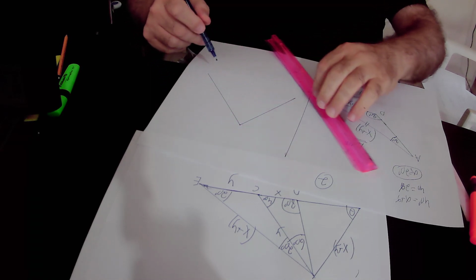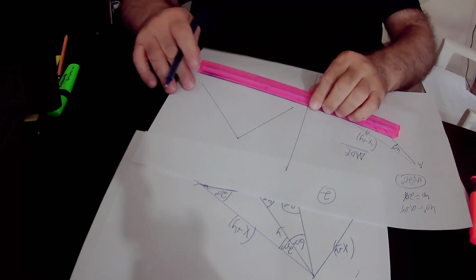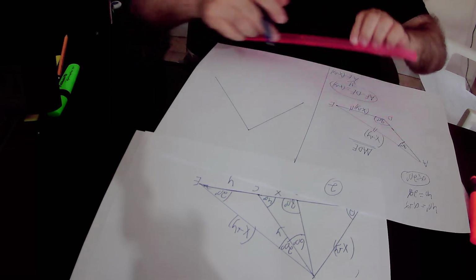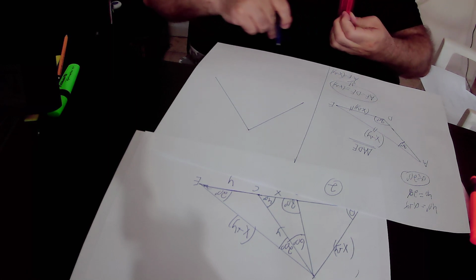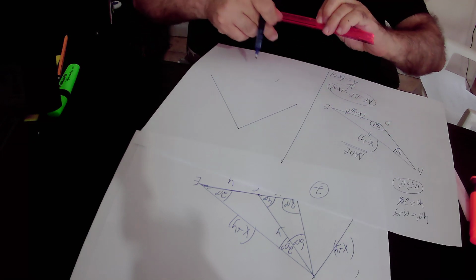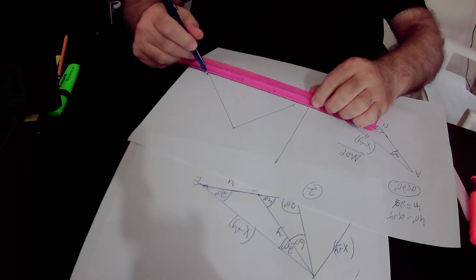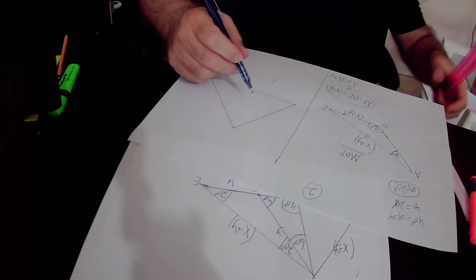So this is triangle ABE, in the copies of the original drawing.